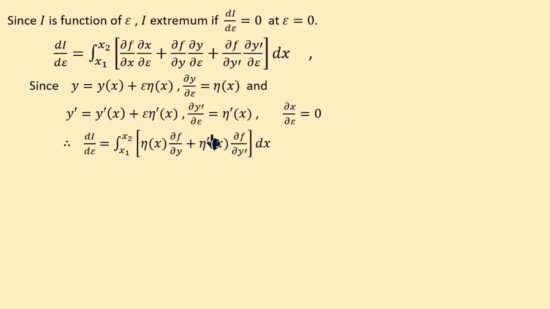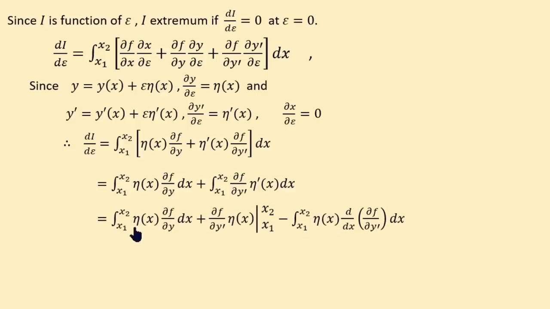Now apply the product rule, or integration by parts, for the second one. First one keep as it is. So integral x1 to x2 of η(x) ∂f/∂y dx plus integral x1 to x2 of η dash(x) ∂f/∂y' dx. Now the first function is ∂f/∂y', the second function is η dash(x). The integral of the second is η(x), and the derivative of ∂f/∂y' is d/dx of ∂f/∂y'.